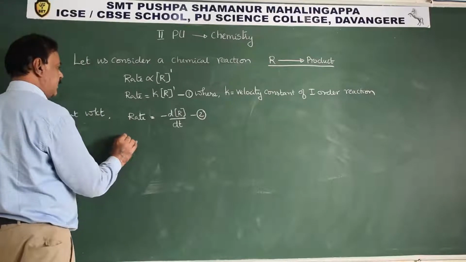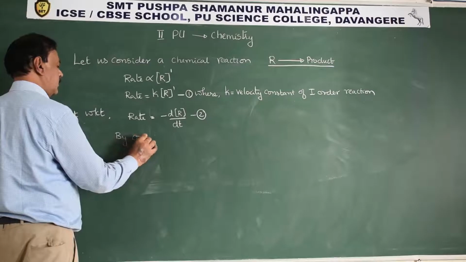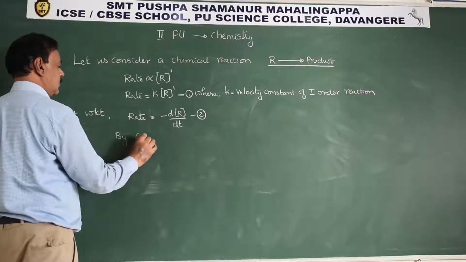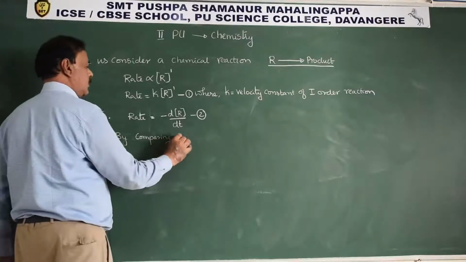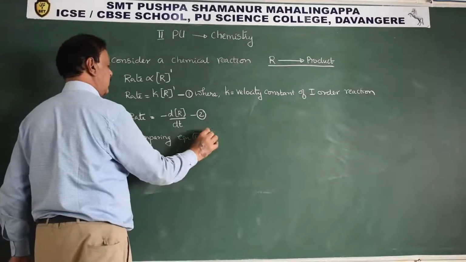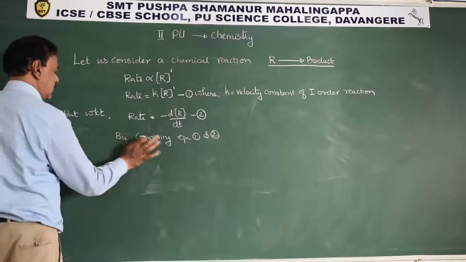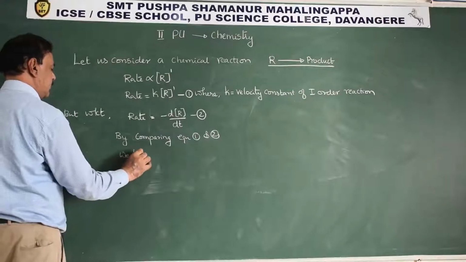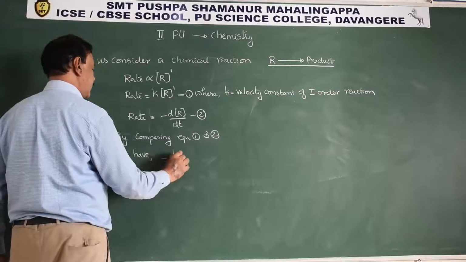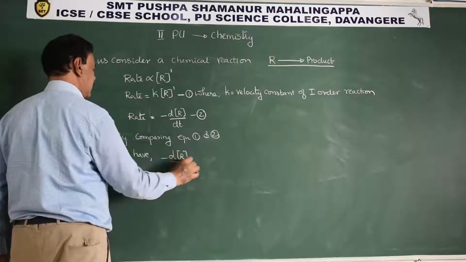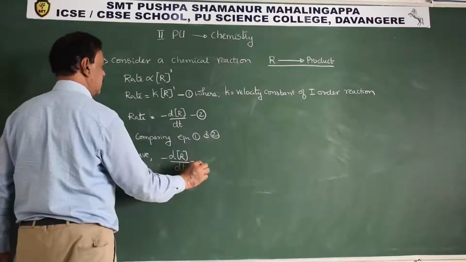By comparing equations 1 and 2, we have minus dR by dt is equal to K into R.